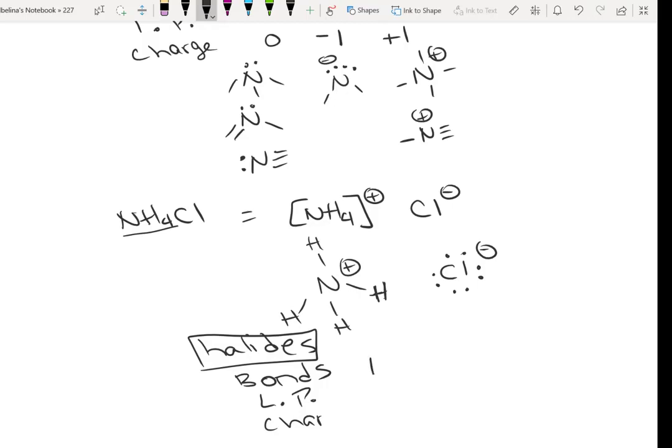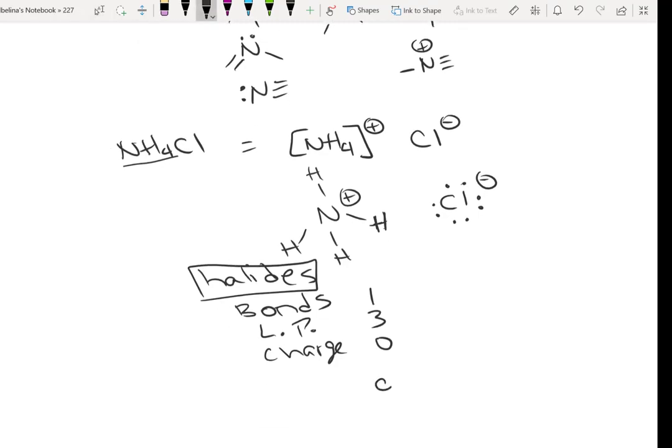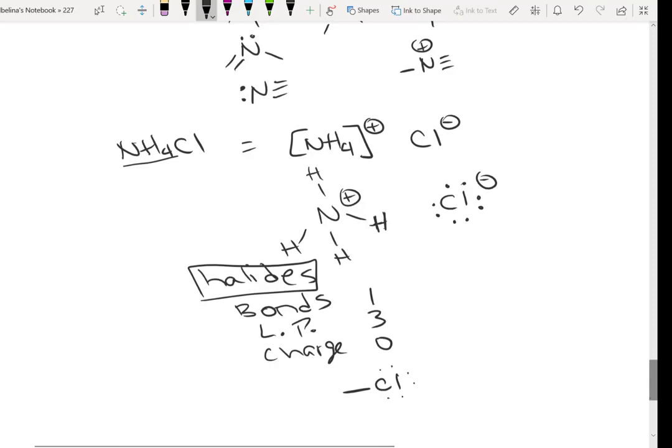Commonly 1 bond and 3 lone pairs gives us a charge of 0. That's what you're used to seeing when you see, for example, chlorine. A lot of times the lone pairs are left out and just understood to be there. We also see 0 bonds and 4 lone pairs, for a charge of -1, just like we saw up there with ammonium chloride. That's 8 electrons.